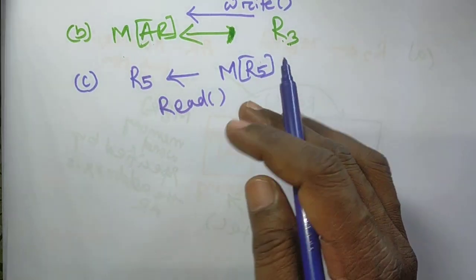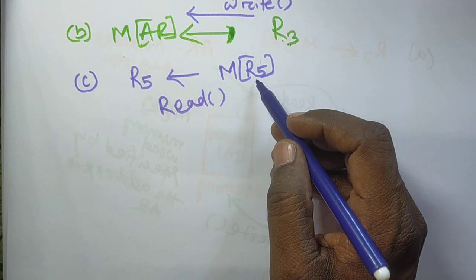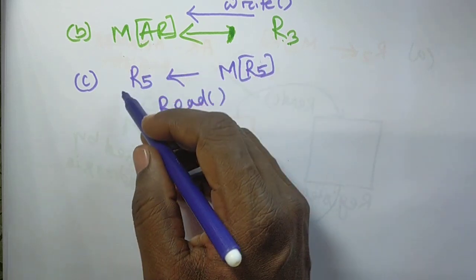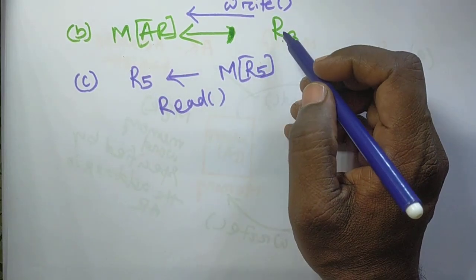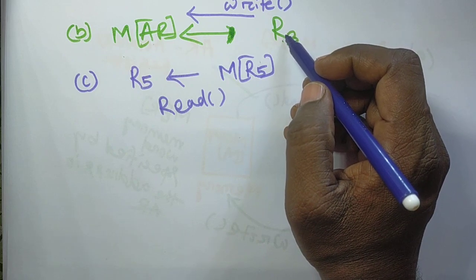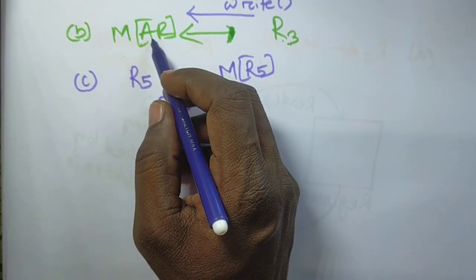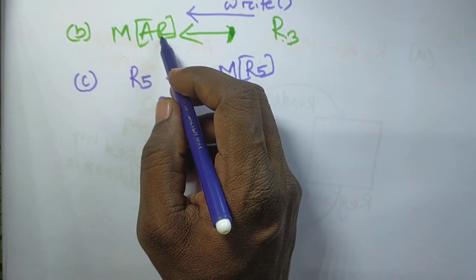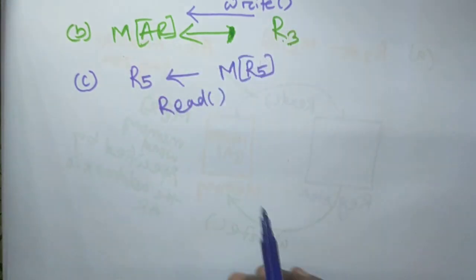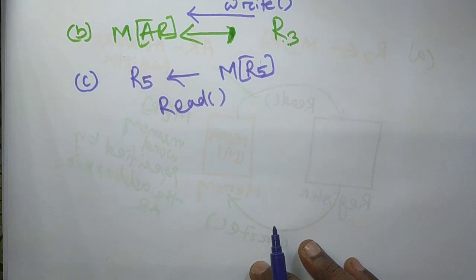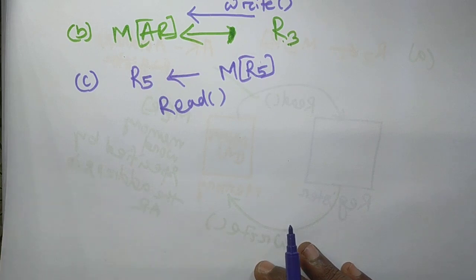Read the content of the memory word specified by R5 and transfer to R5. Here, write the content of R3 into the memory specified by the address in the address register. Okay, in this way we can define. This is a very simple example. We solved these simple problems in this manner.